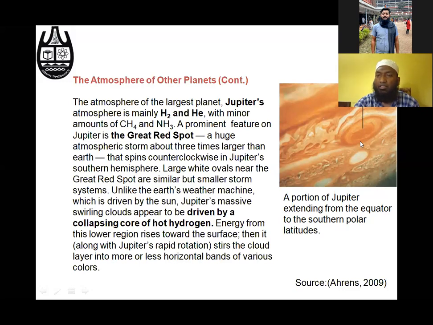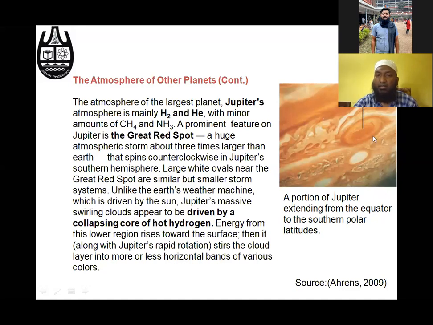It is also counterclockwise in the southern hemisphere, as in the case of our atmosphere. So if it is counterclockwise and moving, it also carries a huge amount of energy.